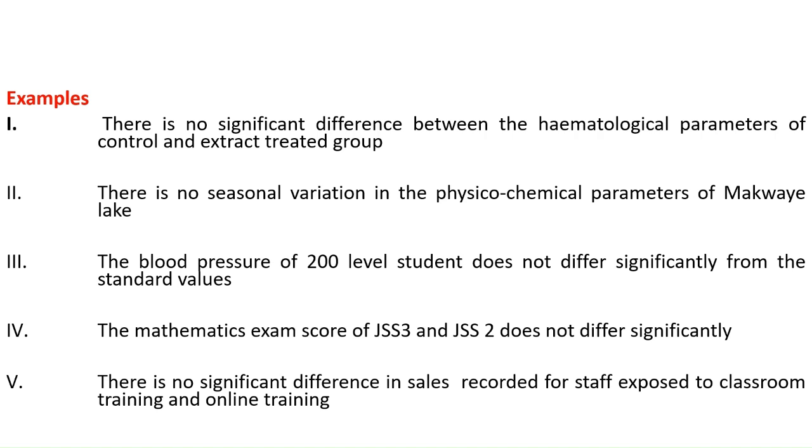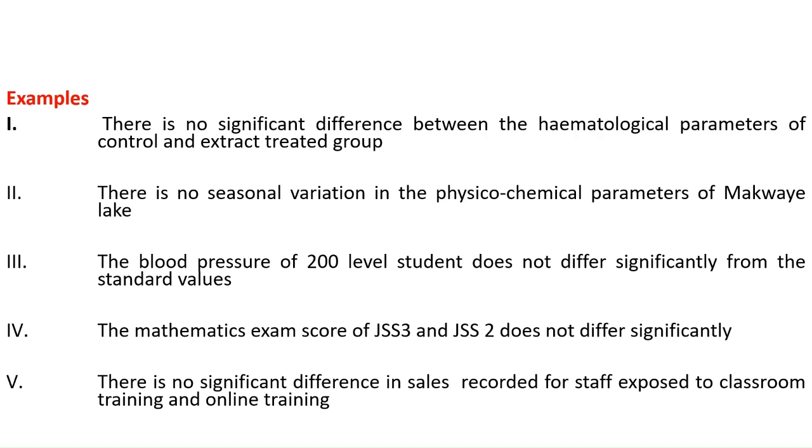Your dependent variable is the hematological parameters because they are measurable. Then the next is to determine your independent variable. The independent variables are the control and the extra treated group. This control and extra treated group will for sure have an effect on the hematological parameters. That is why we named it independent variable.